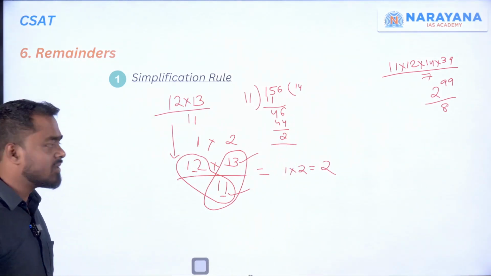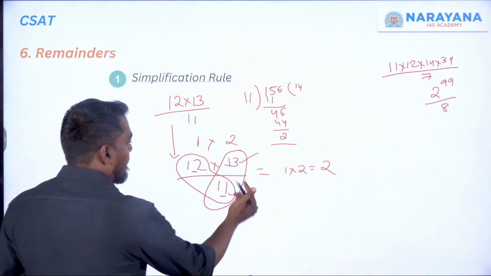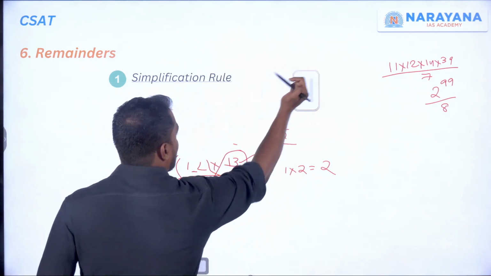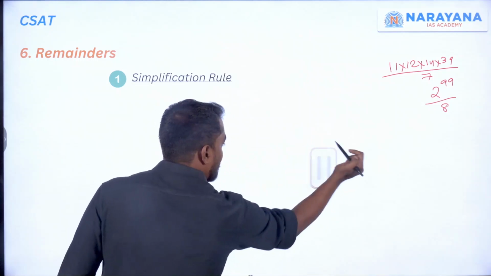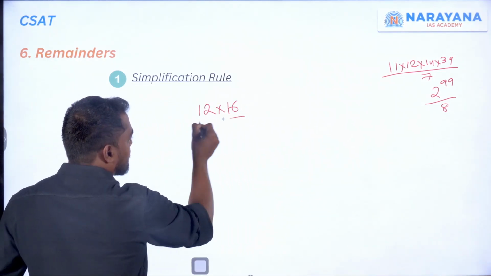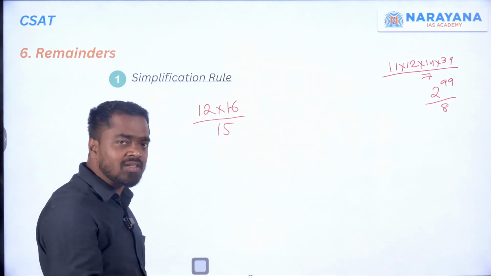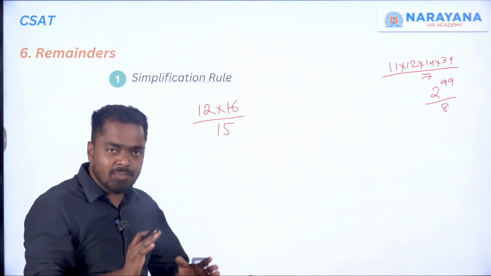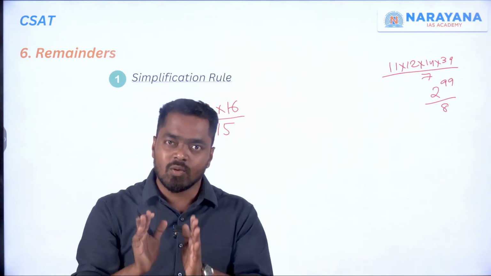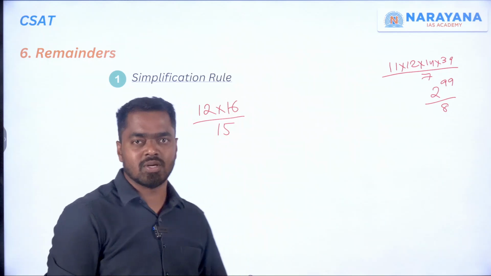Understood? Next, I will show you another example. 12 into 16 divided by 15. Normally, how to find the remainder? Take the multiplication of 12 into 16 divided with 15, you will get the remainder. But that is a very time consuming process.